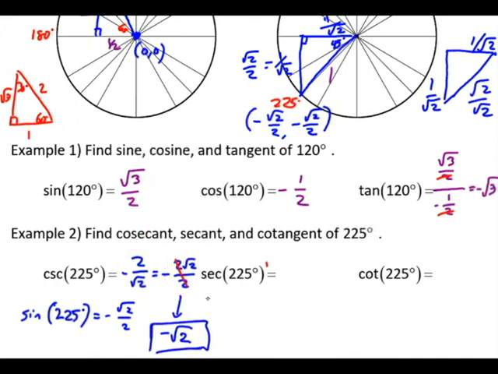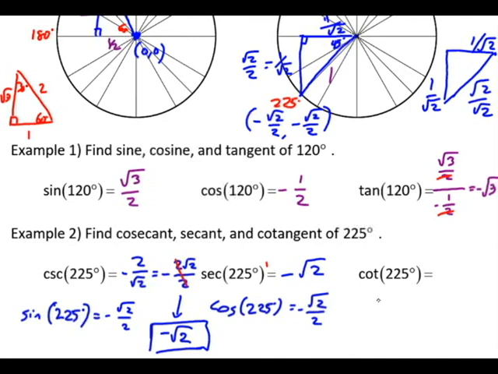To find the secant, we first find the cosine. That's the x-coordinate. It's the same as the sine, so its reciprocal is going to be exactly the same.